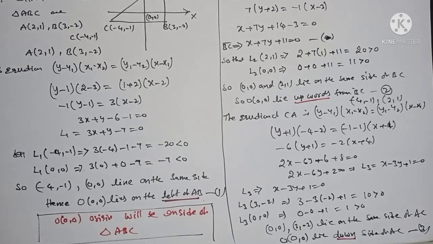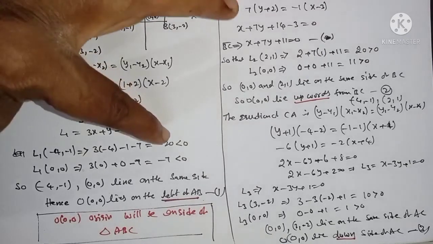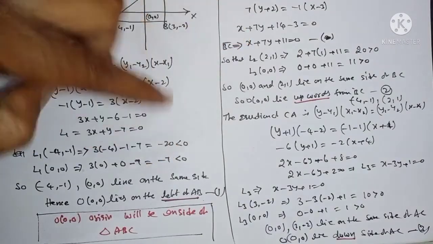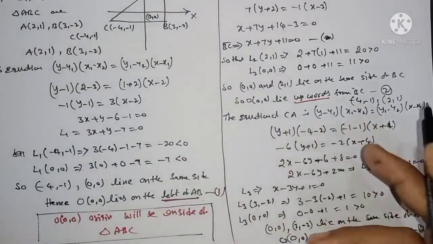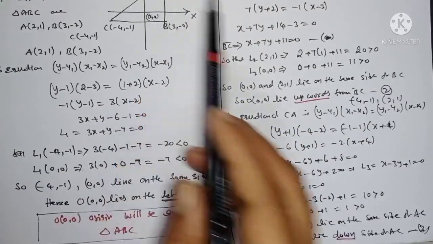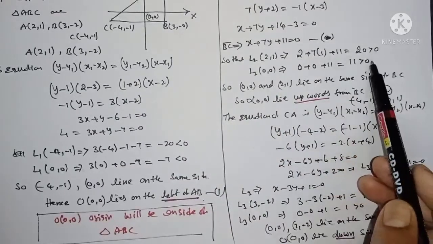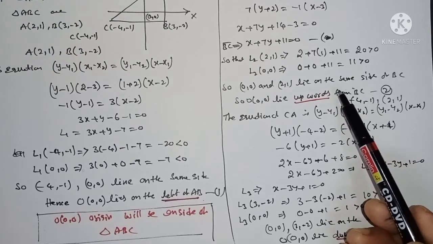Are you clear? Once again listen. First, I am taking the 3 points given. You can find the equation of AB and substitute the remaining two points. The same signs are there, therefore one side only, this is the left side. And for BC you can find the equation and substitute the other point A, which is 2 comma 1. This is also positive, therefore one side only, that is upwards.